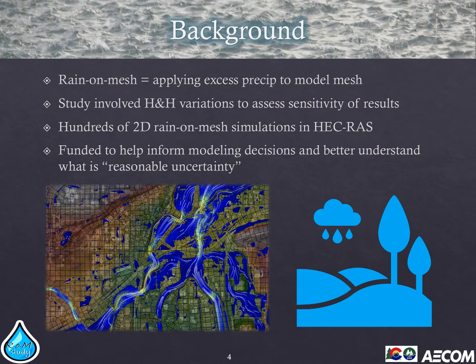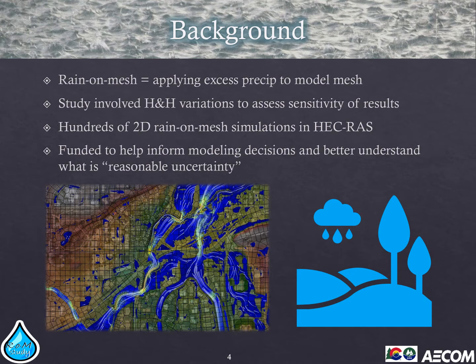So we would use what's called an excess precip hyetograph, and that's basically the shape of precipitation over time that's applied to the model mesh. And then that's applied to every single cell, and we used HEC-RAS. It's applied to each individual cell and then routed or transferred as it travels through the cells in the mesh.